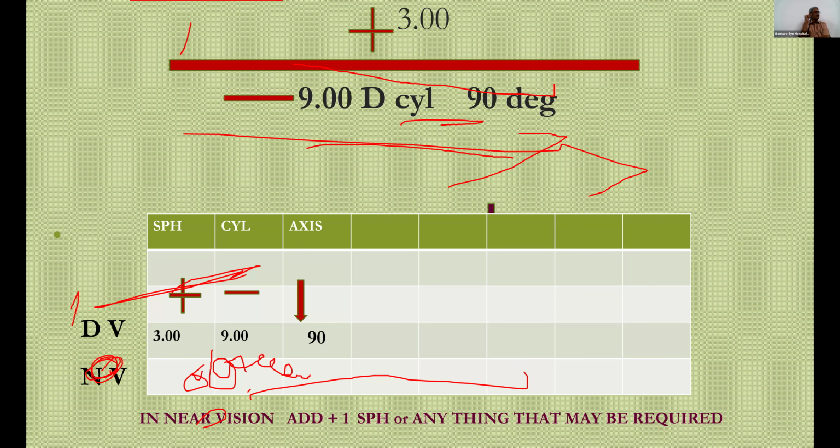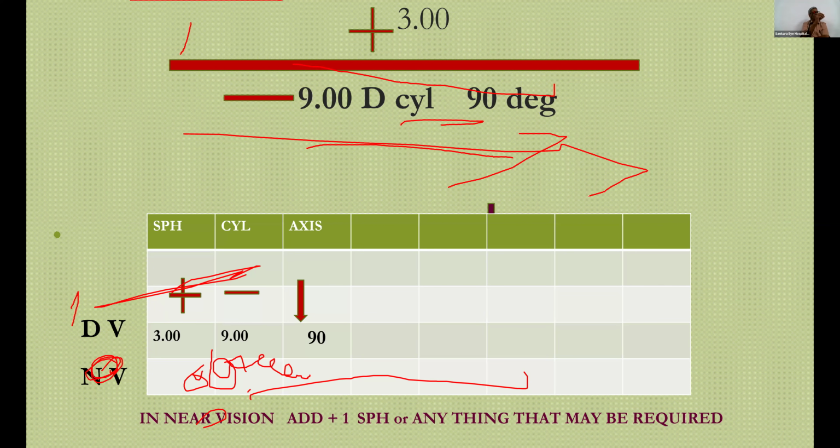When I move the minus lens to my right side, in which direction will the head move? Same direction.